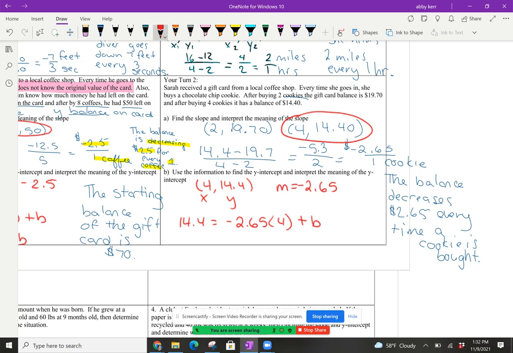So you're always going to multiply these two numbers together, and you're going to get negative 10.6 plus b, and that's going to equal 14.40. Undo negative by adding. Now when you combine like terms on the left-hand side, you're going to get $25. So this is the same idea here. Her original balance is $25.